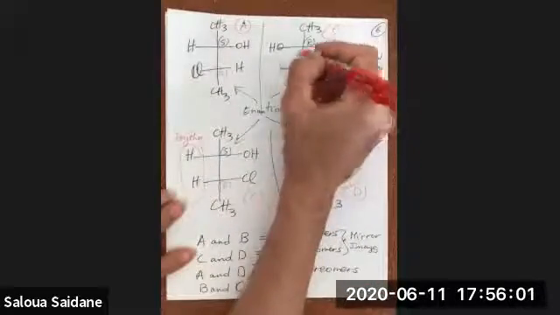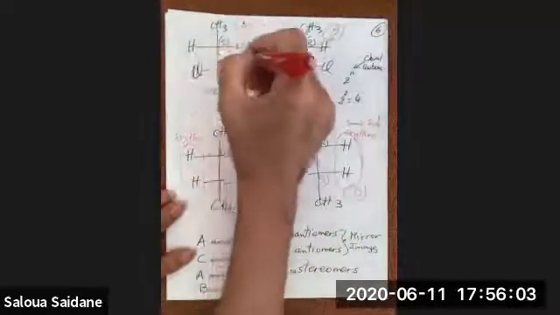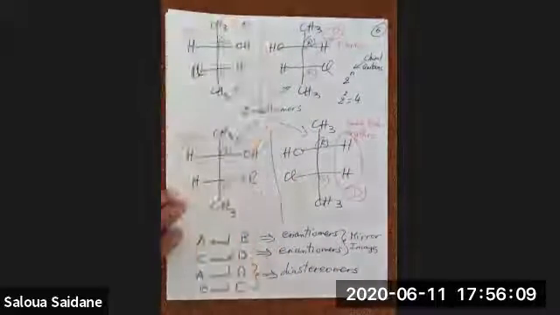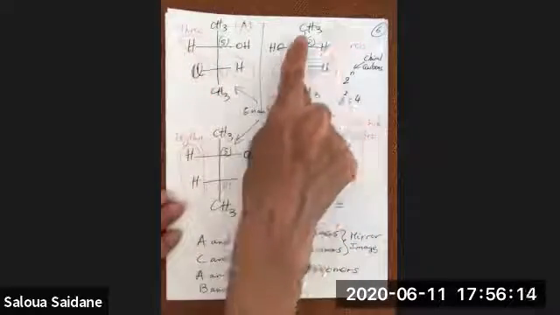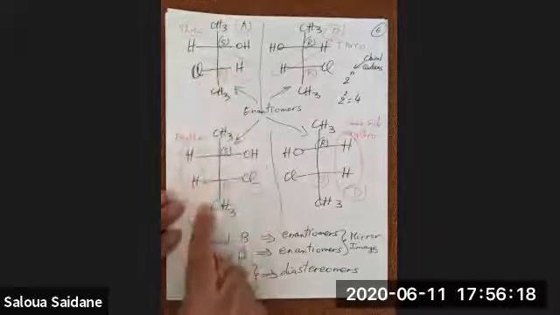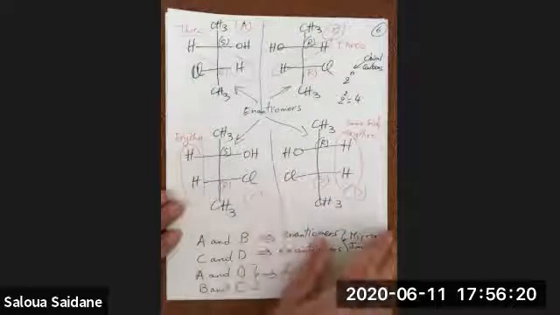But if the H's are on opposite sides, like this, these are called threo. Okay, so these have the H's on opposite sides of the Fischer projection. So these are considered threo. These have the H on the same side, so they're considered erythro.